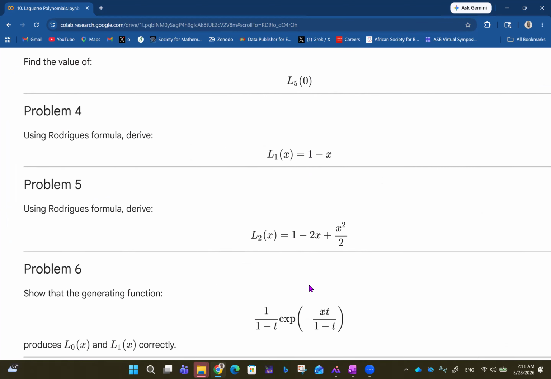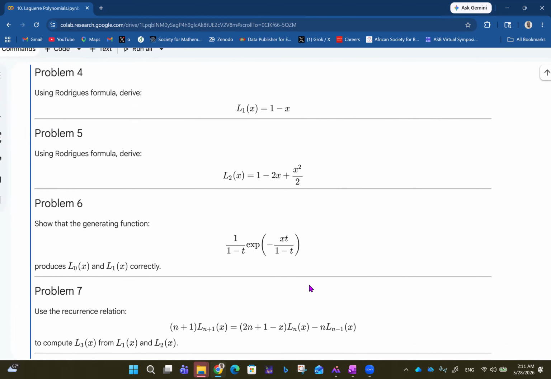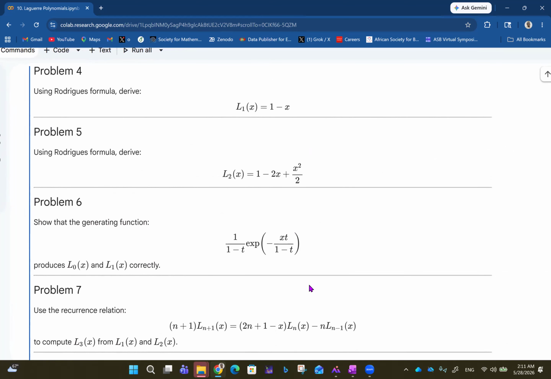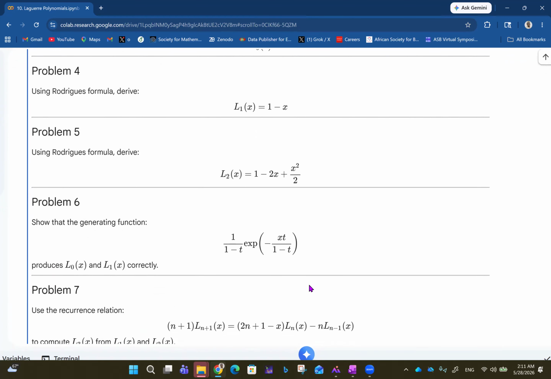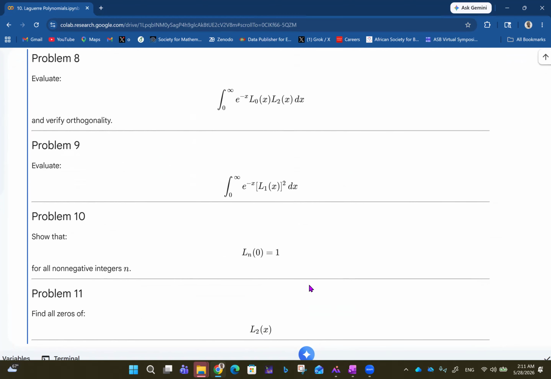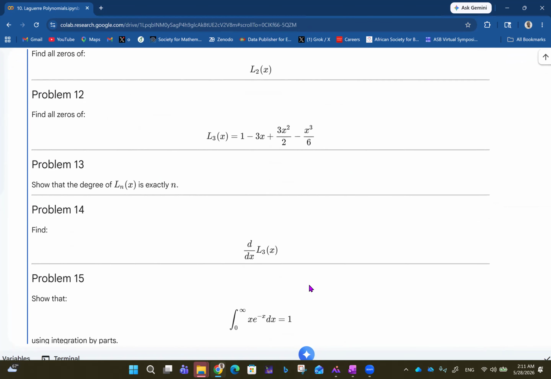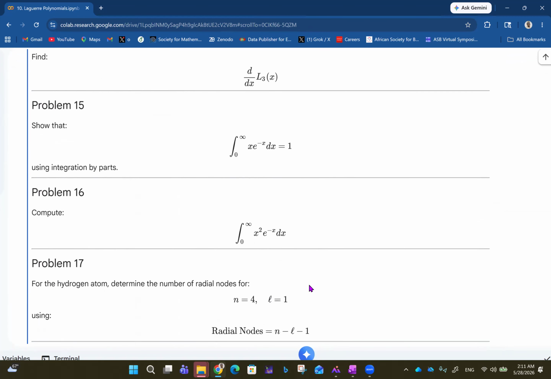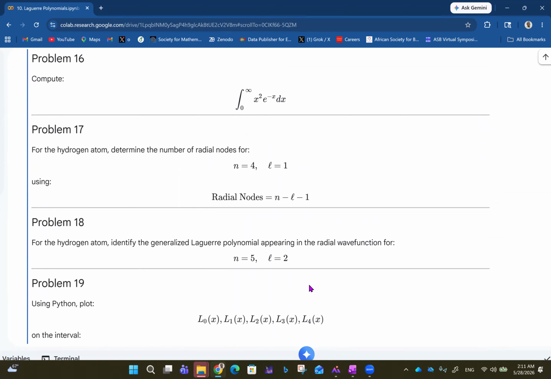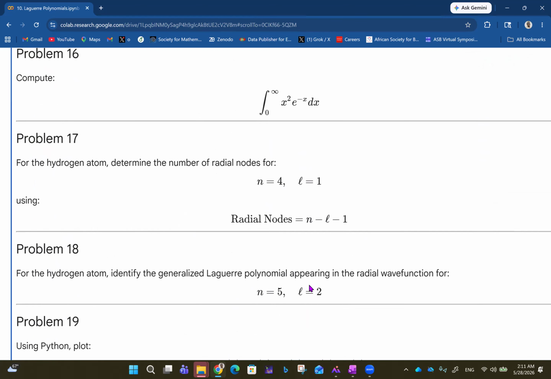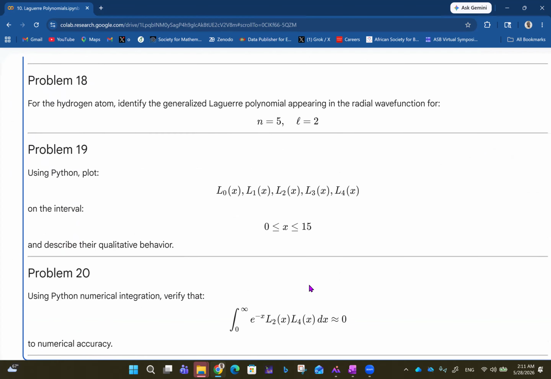This 1, 2, 3, then 4 to 7, then 8 to 11, then 12 to 15, then 16 to 18, and then 18 to 20.